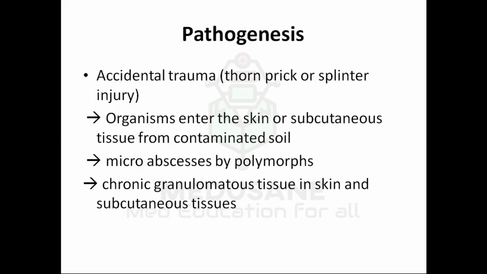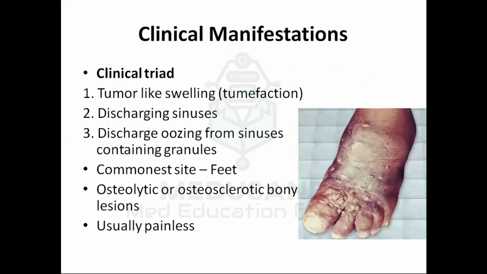Okay. Coming to the pathogenesis, I have already told this mainly occurs by a thorn prick. Okay, and it enters into the skin and causes a subcutaneous infection and causes granulomatous disease. So this is what I have told as a triad. So we can see here it's a swelling, sinuses, and granules. I can't appreciate it here, but there will be a discharge of the granules also.